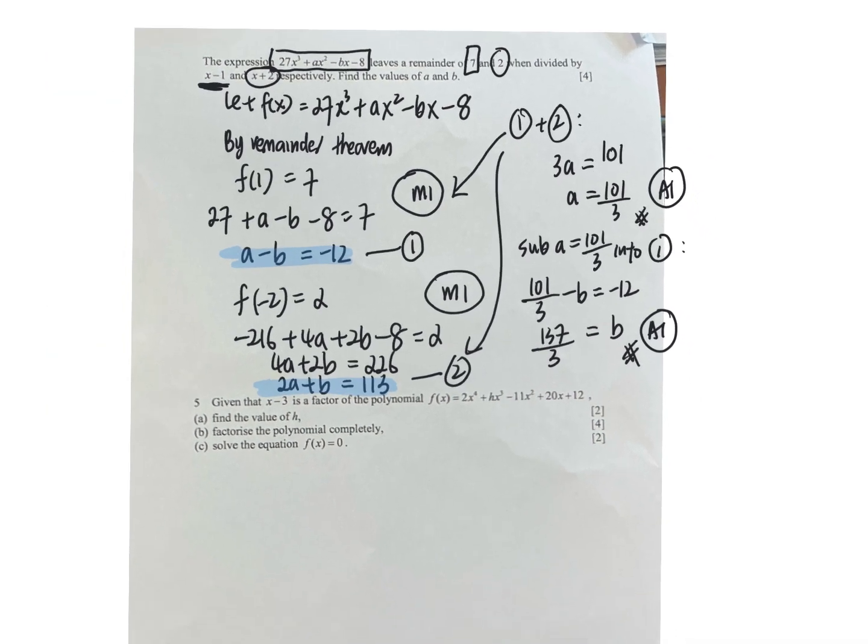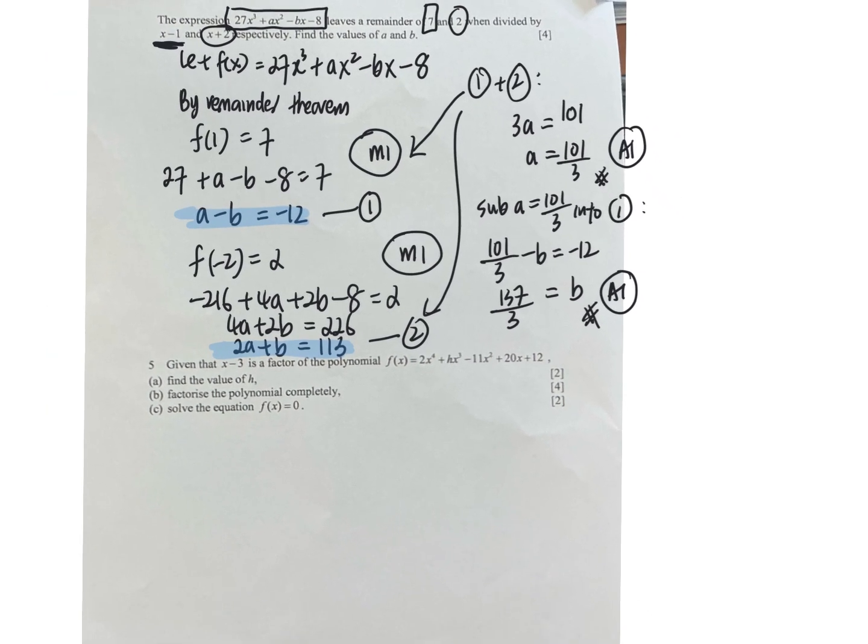Okay, last one. It says that x minus 3 is a factor. So when it's a factor, use factor theorem. So sub in 3.